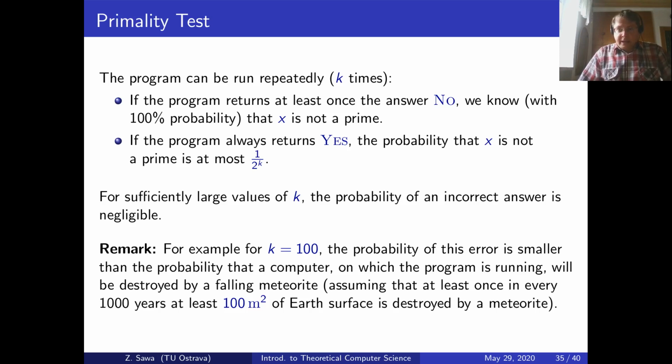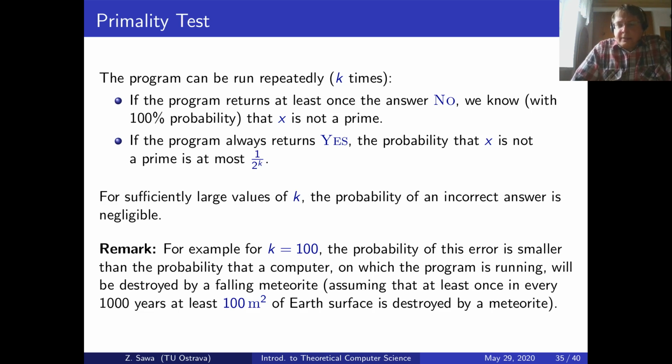On the other hand, when the input is a prime, it's sure that the algorithm will always give the answer yes, which is correct. So in this case we will produce the answer yes, but it can happen that the number on the input is not a prime, and yet in each of the k runs we produce the answer yes, so in total we give the answer yes, it's a prime.